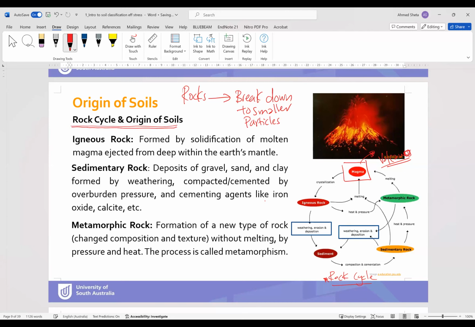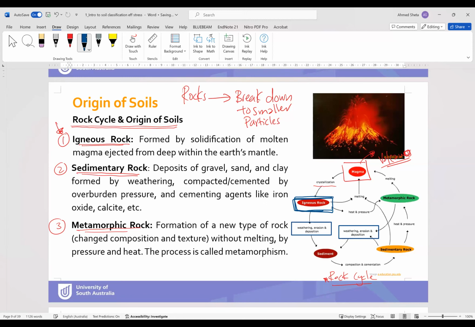So we have some types of rocks. Here is igneous rock, and we have sedimentary rock, and metamorphic rock. So we have three types of rock. The main one is igneous rock. The melting magma crystallizes and forms the igneous rocks here. So this is our first type of rock.